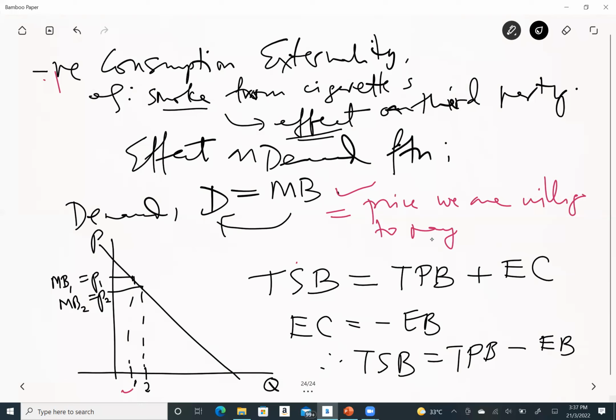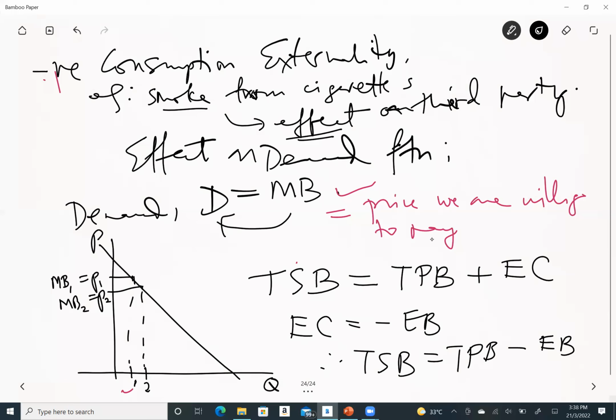Then we can relate the difference between the marginal social benefit and the marginal personal benefit, or marginal benefit function. The difference is the marginal external benefit.